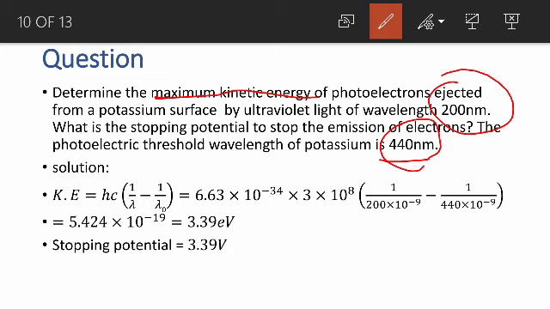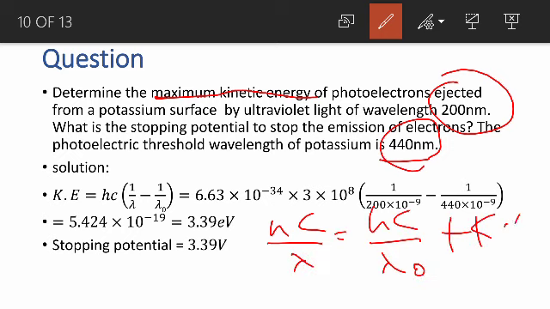Now, if we make kinetic energy the subject of the formula, remember we say that hc over lambda is equal to hc over lambda naught plus kinetic energy. If we make kinetic energy the subject of the formula, that means this crosses the equal sign, and we are going to get exactly this formula here.